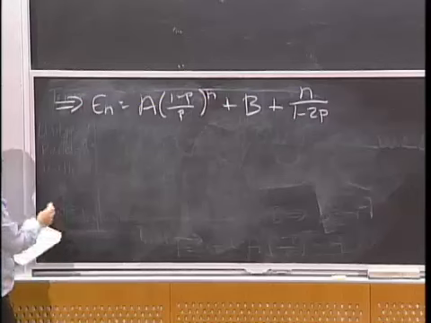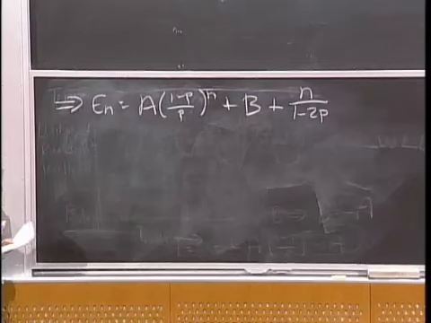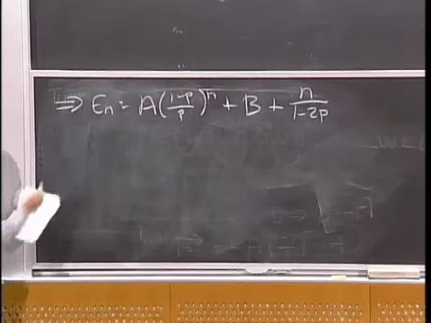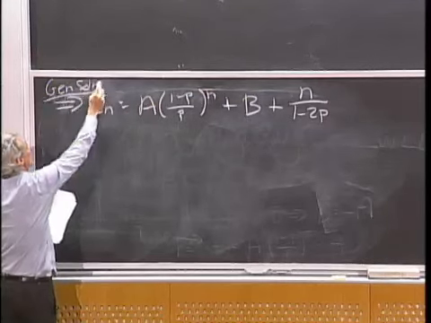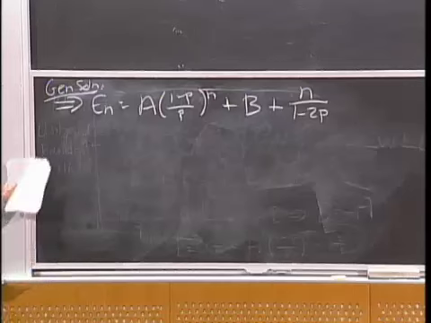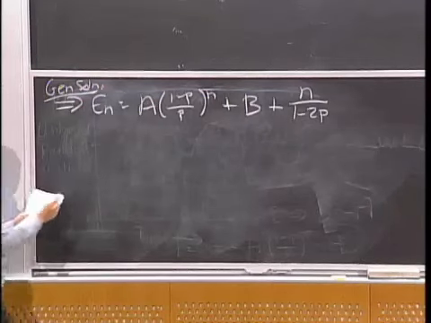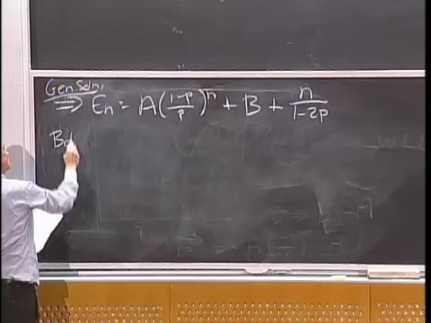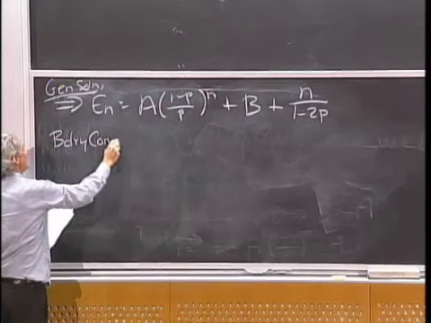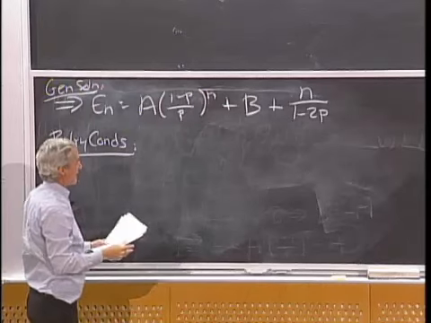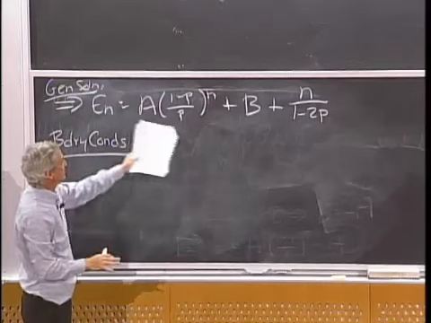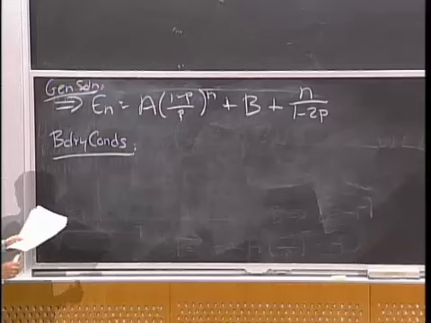And now what do we do? To finish out, I got my general solution here by adding up the homogeneous and the particular solution, plug in the boundary conditions. All right, I'm not going to drag you through solving this case, but I'm going to show you the answer.